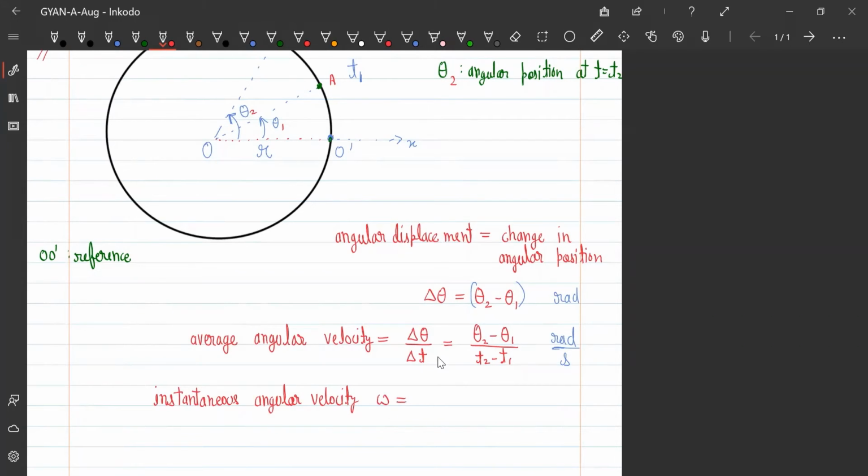So delta theta by delta t. अगर time बहुत ही small हो जाए, in that case, you can write omega as d theta by dt. That is rate of change of angular position with respect to time. So ये जो formulas हैं, they are similar to the formulas in kinematics.